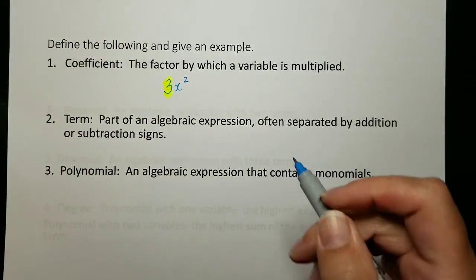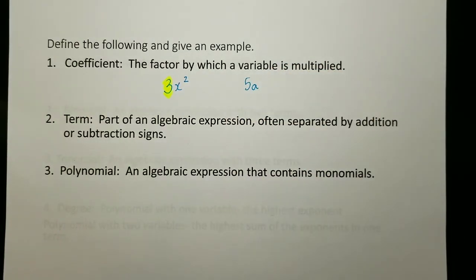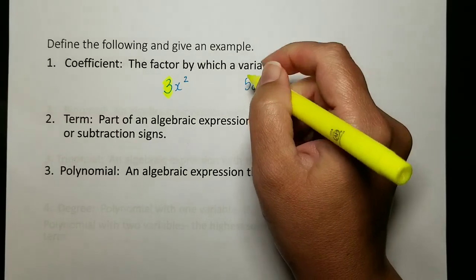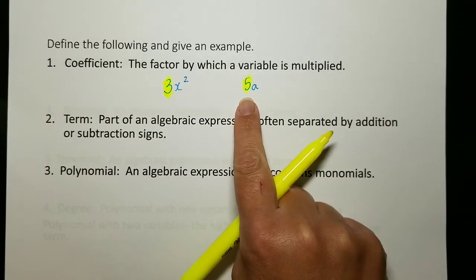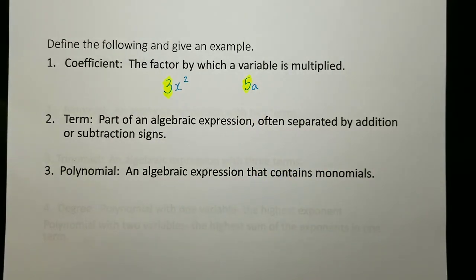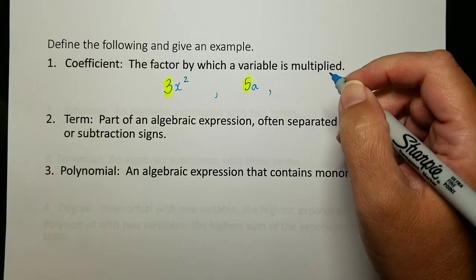If you had the expression 5a, the coefficient is the 5. So it's the number out front of your variable part of your expression. And you can have, in an algebraic expression, multiple coefficients. I'll do an example with multiple terms here.